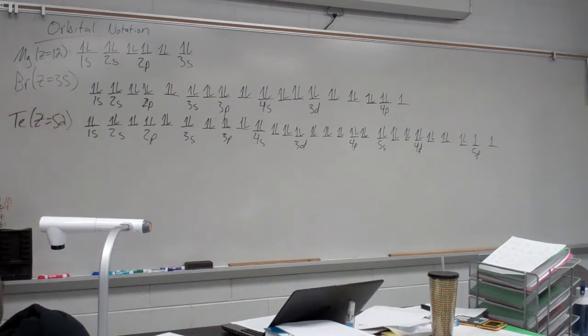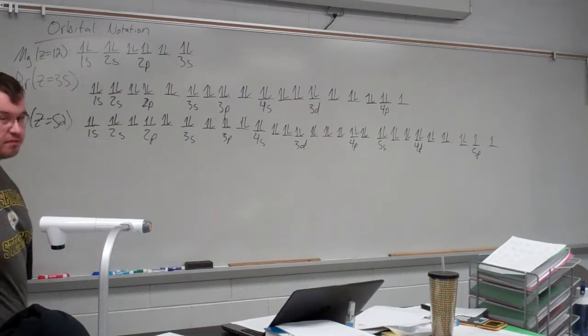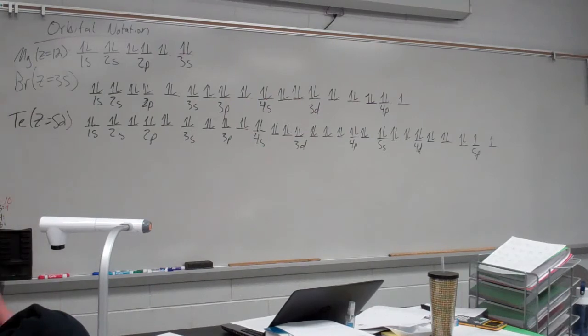Electron configurations, I absolutely could, because it doesn't take that long, since you're just writing down numbers and letters. Noble gas configuration, absolutely. But for orbital notations, I really wouldn't want to do tellurium because it's painful to have to grade tellurium.